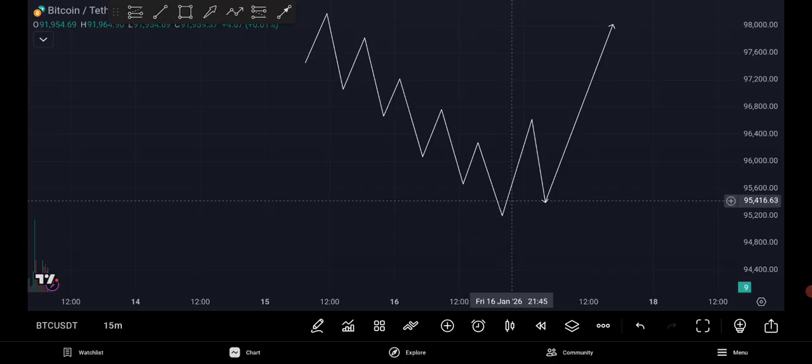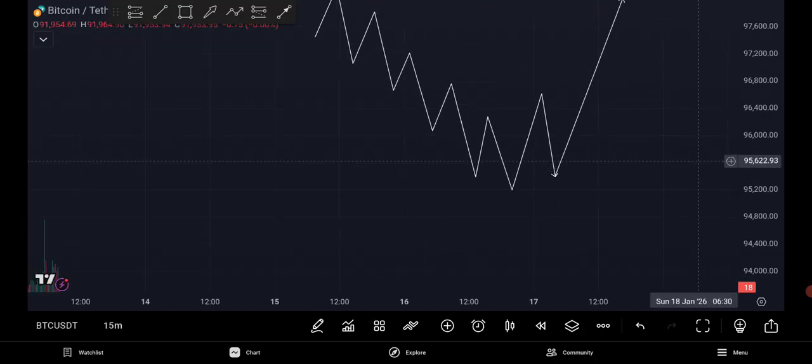In that, I look for a fair value gap and a valid order block. So a valid order block is one where there is a fair value gap around it, and it has taken liquidity. Yes, liquidity has been taken out.